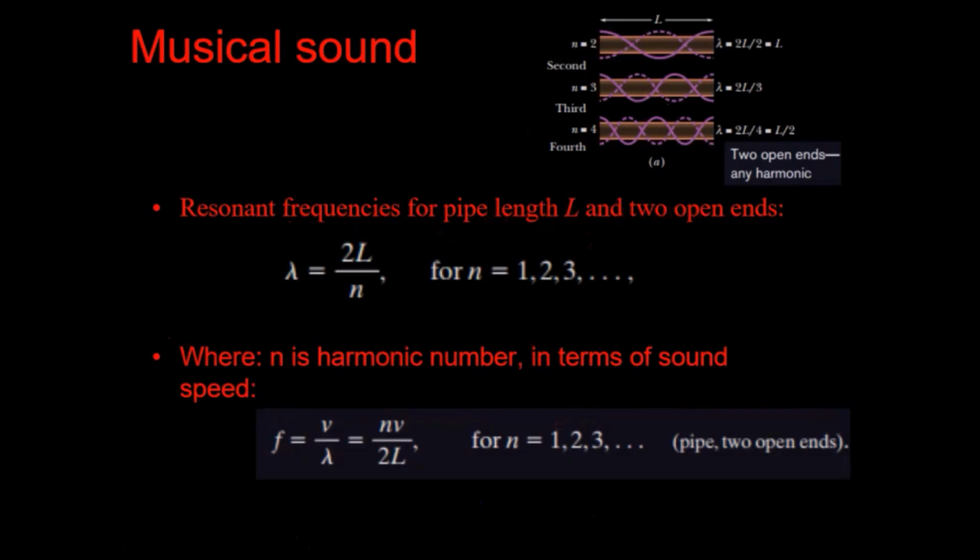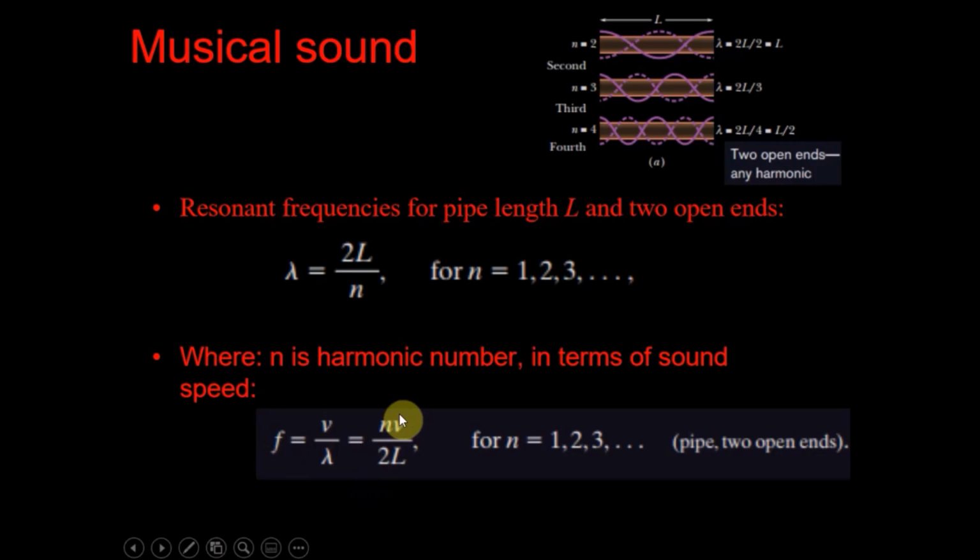So if we want to set up our resonant frequencies, lambda is 2L over n, where n is the order we're dealing with. n is referred to as the harmonic number, and in terms of our sound speed it corresponds to this formula. f is v over lambda, a formula for the velocity of a wave that we've seen previously.